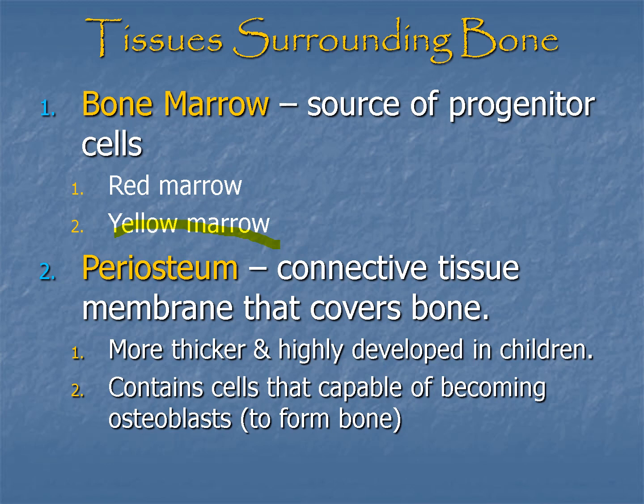It is actually inactive. It's mostly fat, and that's why it's very delicious. Red marrow is the one that creates your blood cells. And of course, next would be your periosteum, which we have already discussed.